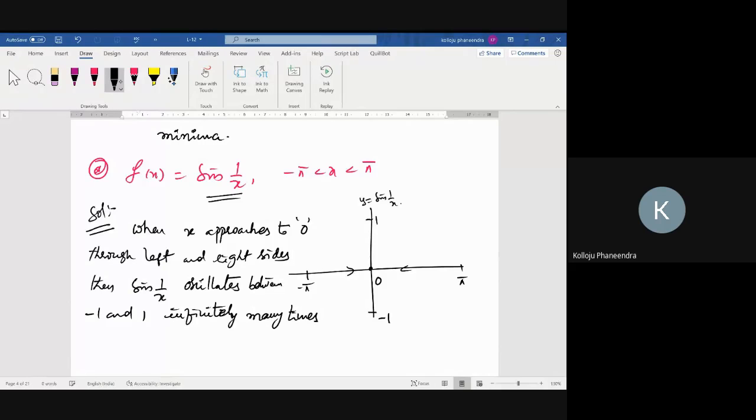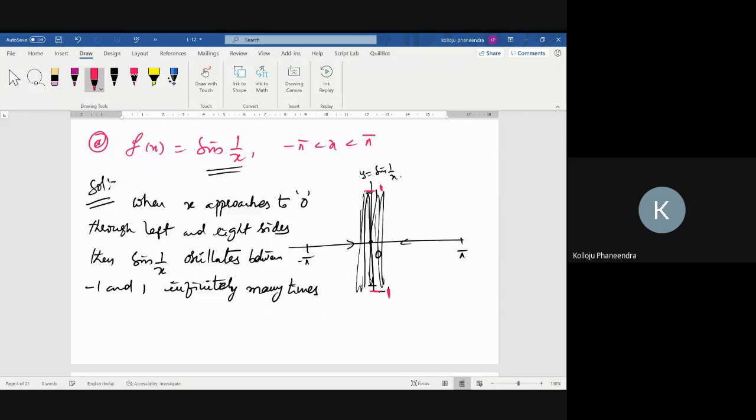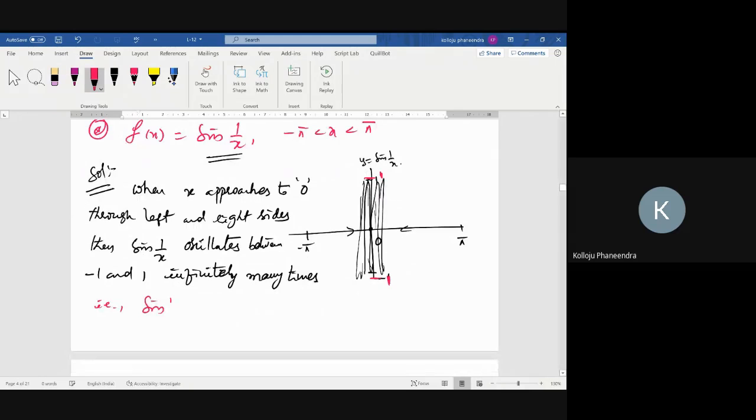The curve sine 1 by x oscillates like this. It attains plus 1 and minus 1 infinitely many times. The range is minus 1 to plus 1, so the minimum value is minus 1 and the maximum value is plus 1.